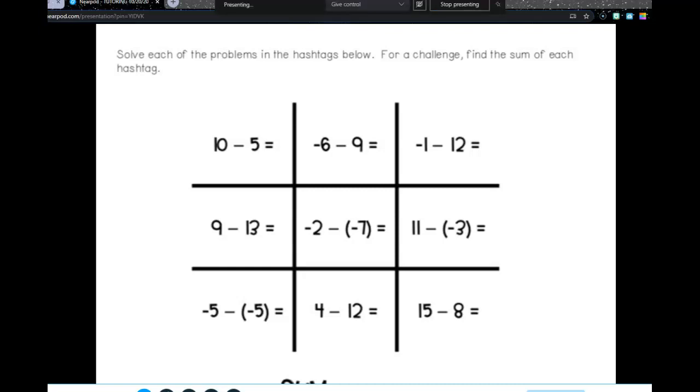There we go, the integers. Where is the Nearpod? That one doesn't have any addition. Let me go find one that's got addition on it too.